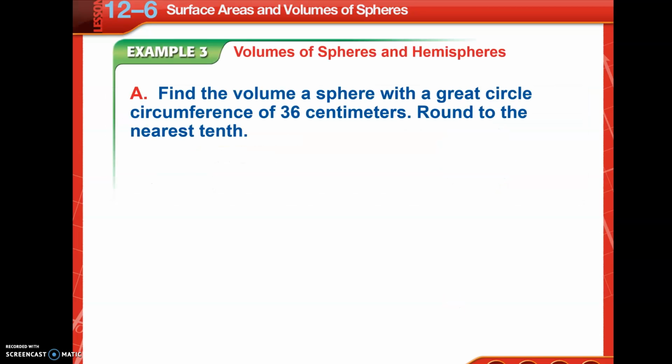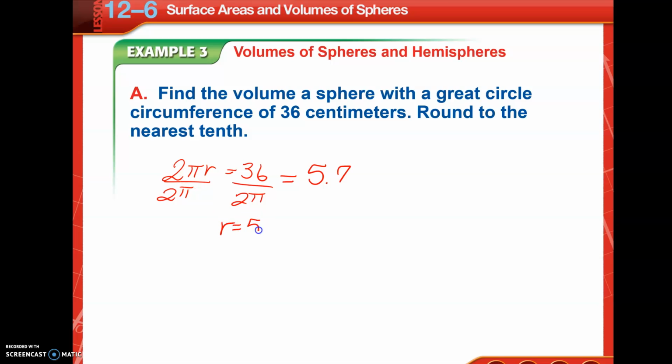So find the volume of a sphere with a great circumference of 36 centimeters, and this one is actually on your worksheet. The circumference is 2 pi r equals 36. So if I want to find the radius, I'm going to divide by 2 pi. I get 5.7 is my radius.